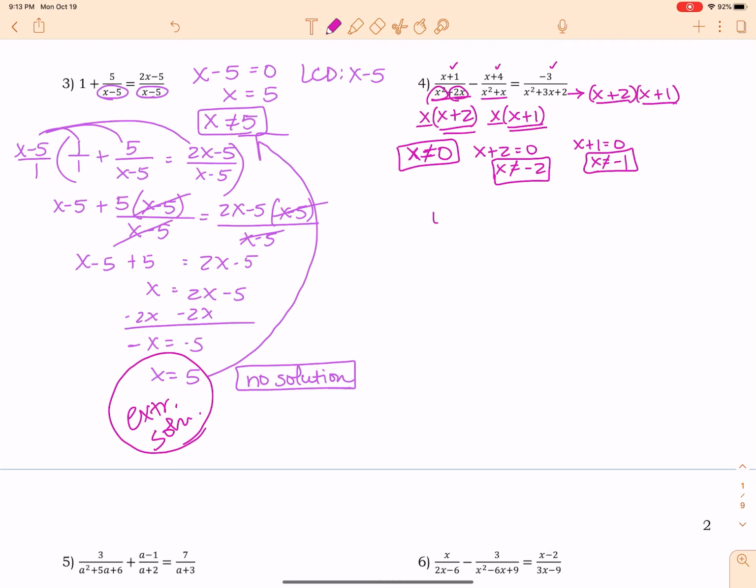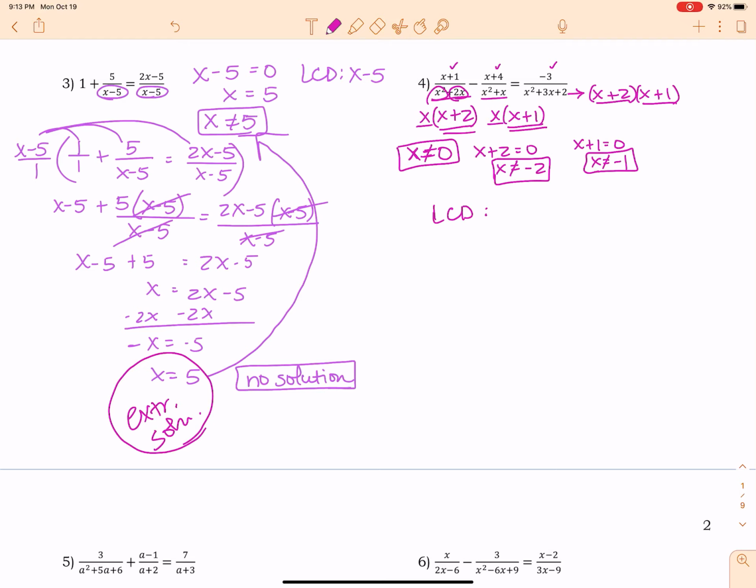All right, so let's identify our LCD. Our LCD has to contain every single item that is available to us in each denominator. But if something is present in one denominator and another denominator, it only has to be present in the LCD once. Let me show you what I'm talking about.